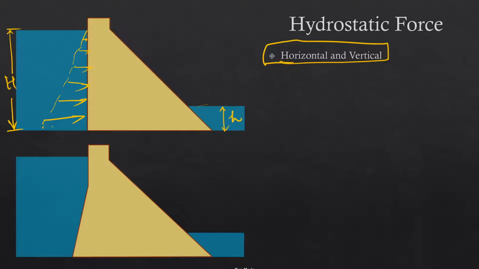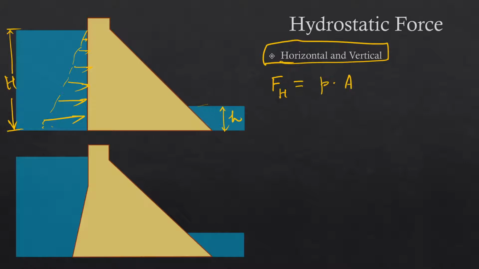So the pressure from the upstream, let's call it pH, pressure from headwater. Because we are talking about force, let's give it the name FH, will be equal to pressure multiplied by area.